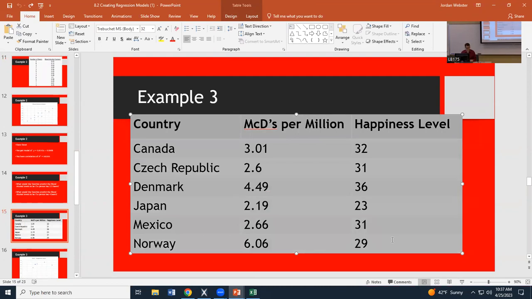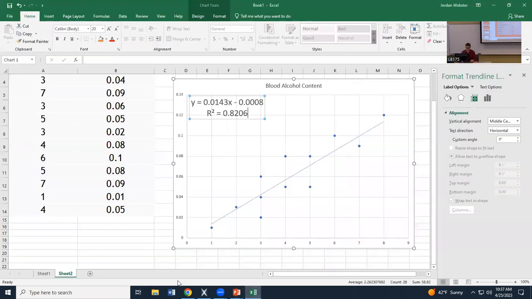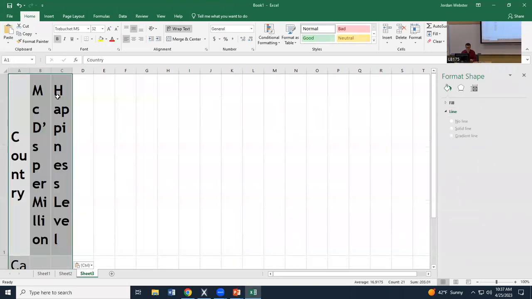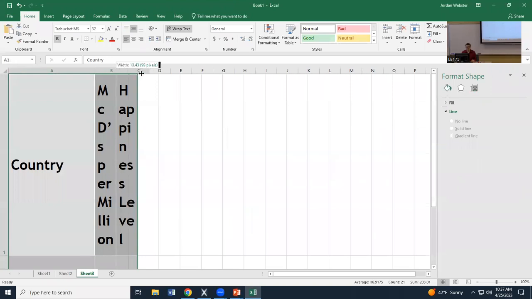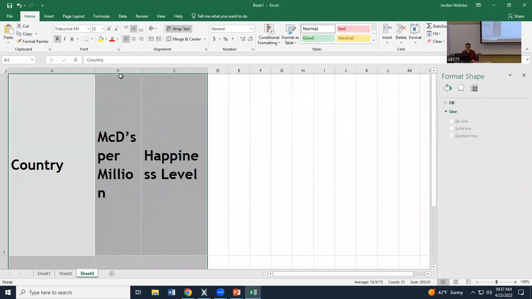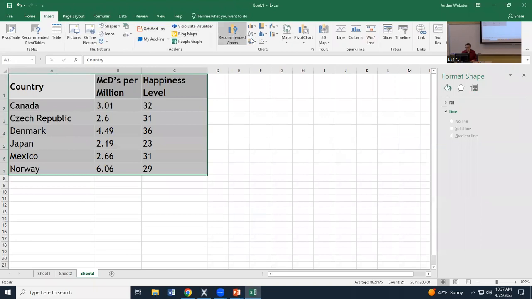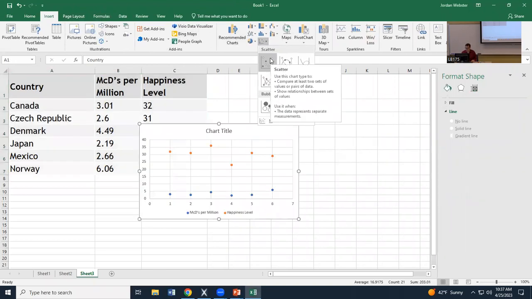So I'm gonna take these data and put those into Excel. There we go. And then just like we did before, let's take those data, insert, scatter plot. Oh, you know what?